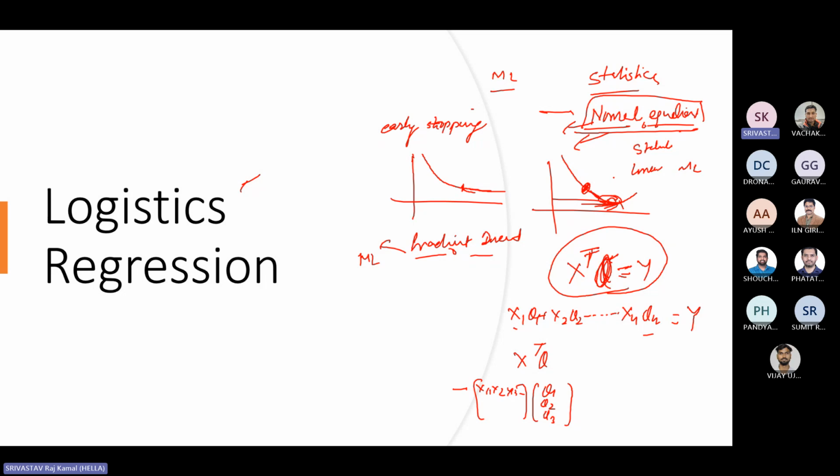Therefore, instead of focusing on the normal equation via statistics, I focus on gradient descent, because you are supposed to know how we achieve our local minima. But having said that, the normal equation already existed in statistics before machine learning came into place. It is capable of solving these problems where you are given x1, x2, xn, all the parameters, and you are given y, which is our ground truth.